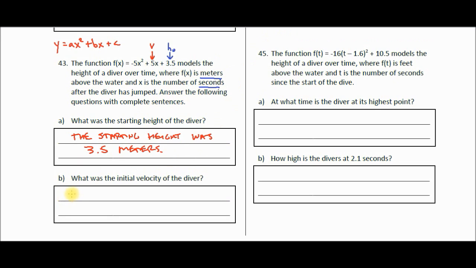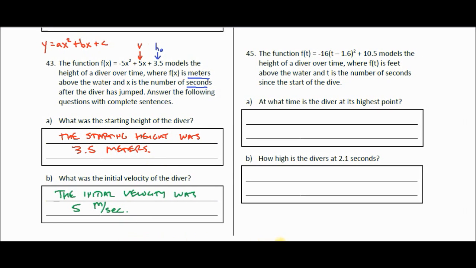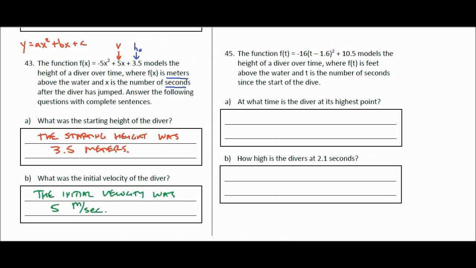The initial velocity was, and that comes from our b term, was 5, and we have meters, and our unit of measure for time is seconds, so meters per second. That's 42 and 43. Let's see if we get a better challenge in number 44 or not.